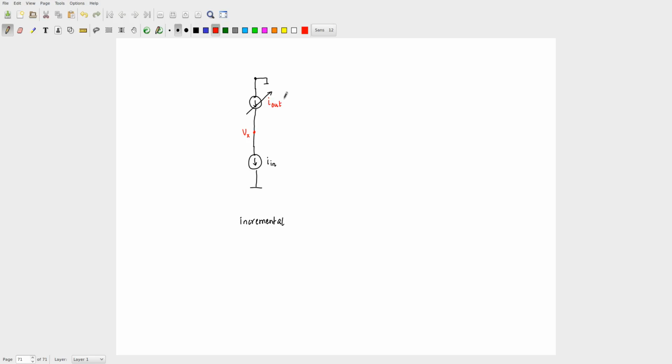Let us look at this systematically. Firstly, you need to remember that this Vx is not a floating node. There is some parasitic capacitance sitting at this node, some C parasitic. If you don't include this, you will not be able to justify to yourself how this works. Now let me assume for a moment that this connection is actually broken.